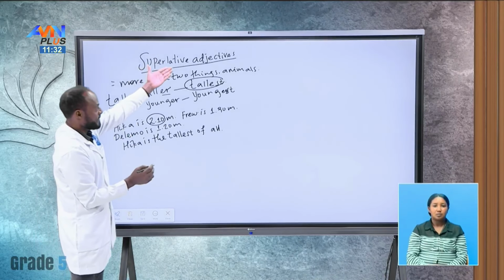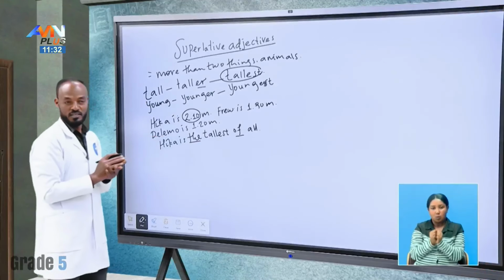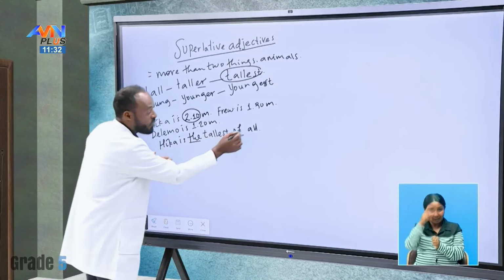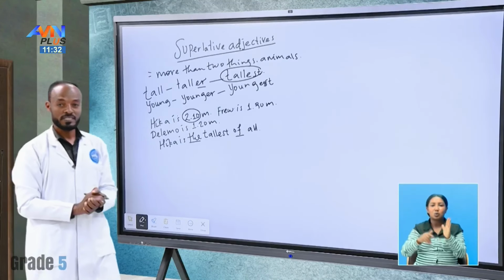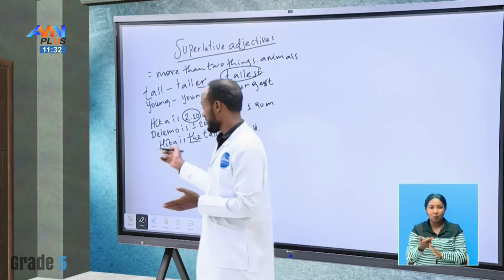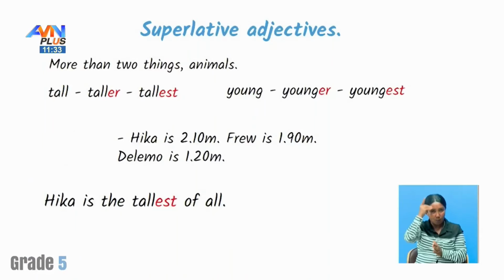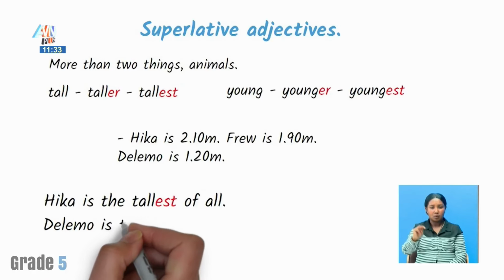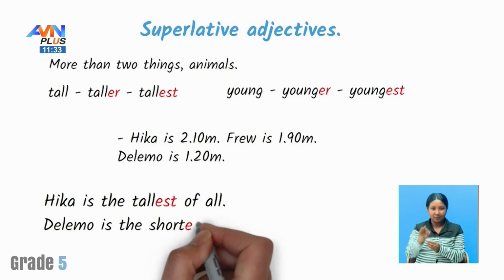In superlative adjective, we have to use the of structure. Hika is the tallest of all. So who is the shortest? I hope it's clear. The shortest is Delemo. Delemo is the shortest of all.